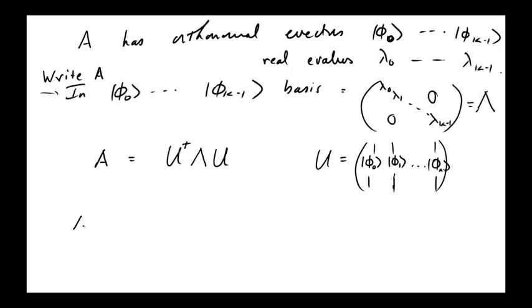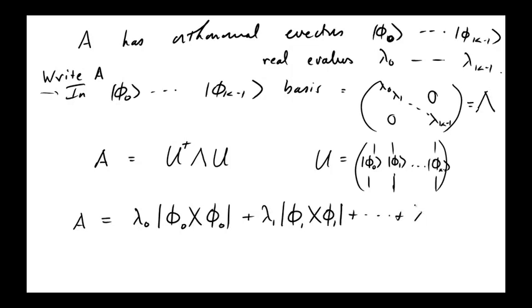Okay, and now if you look at it, what does this tell you? Well, A is just the following. It's just lambda naught times the projection onto phi naught, plus lambda 1 times the projection onto phi 1, plus lambda k minus 1 times the projection onto phi k minus 1. So you can read it off of this, right?